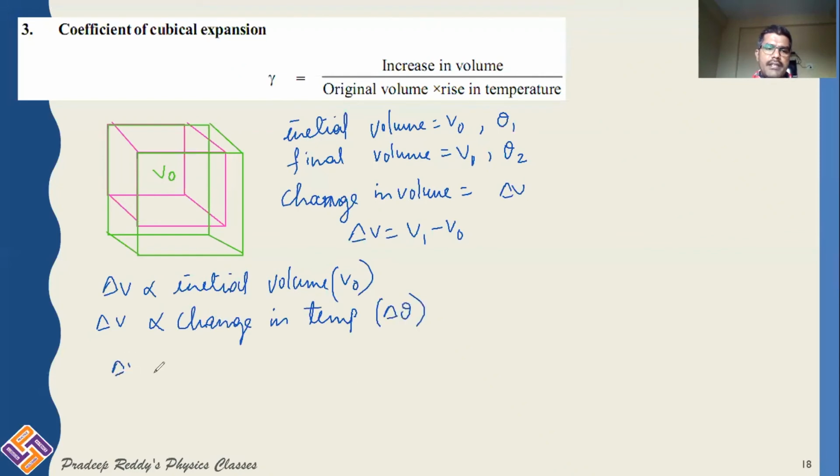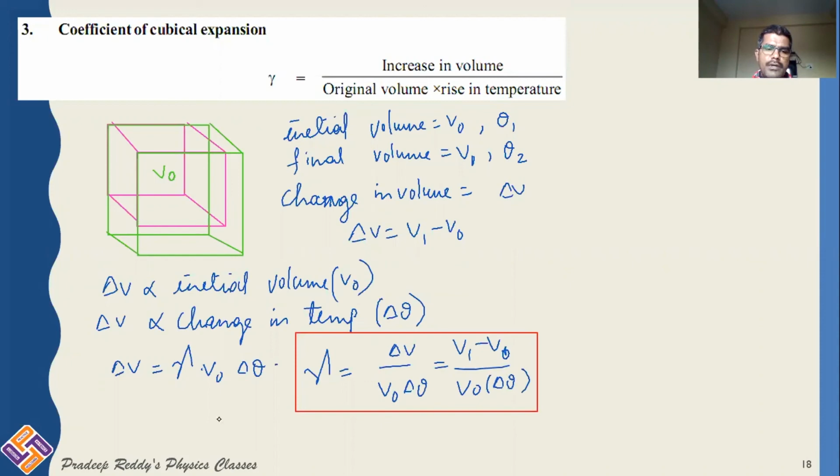Therefore, delta V is equal to, if I remove the proportionality, I should include a constant, gamma V naught into delta theta. Now from this you can write gamma is equal to delta V divided by V naught into delta theta, which is V1 minus V naught divided by V naught into delta theta. This is the equation for the coefficient of cubical expansion, where gamma is called the coefficient of cubical expansion.